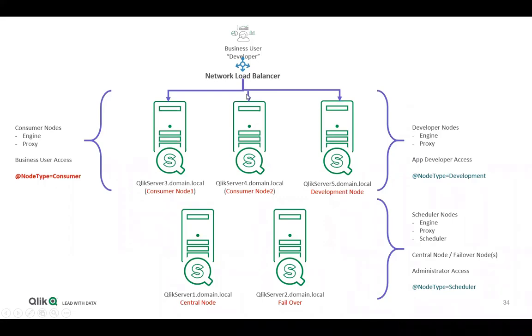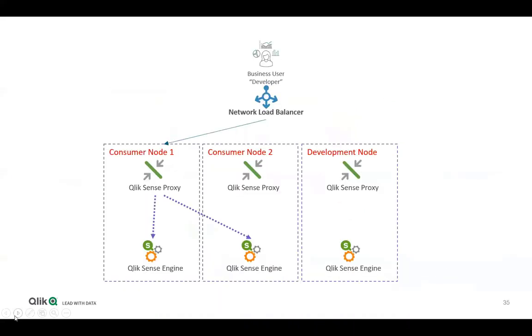Same thing, how we define it's a consumer node, we need to use node type. And then what we want to achieve, we want all the end users visualization for published apps only goes to consumer nodes, which is consumer node 1 and 2 engine service.